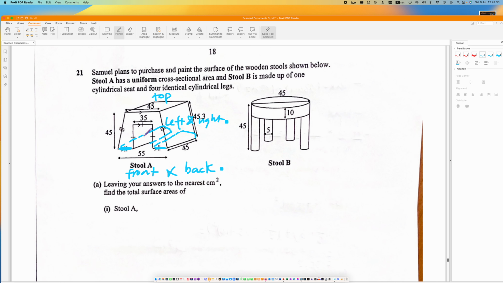The inner wall must times 2. Then of course this side. Right? That's how you find all the surfaces. Okay? It's complicated but not very hard. You just have to identify all the surfaces and then find out the area of each one. Then you add up. So there is no fixed formula.